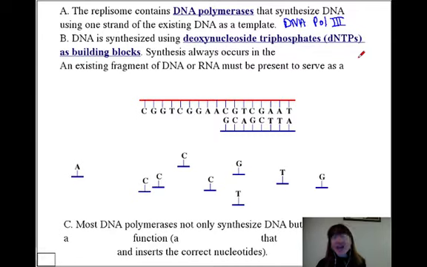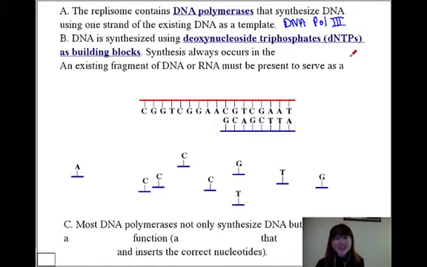heading along the template DNA, building new DNA. And of course, in order to build new DNA, it has to have building blocks. The building blocks to synthesize new DNA are the nucleotides. But we will refer to them by their more accurate name, deoxynucleoside triphosphates, or dNTPs.